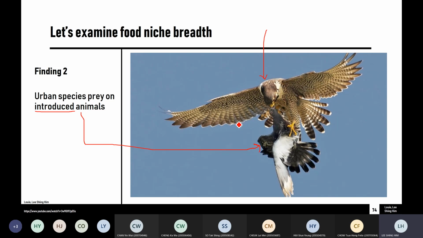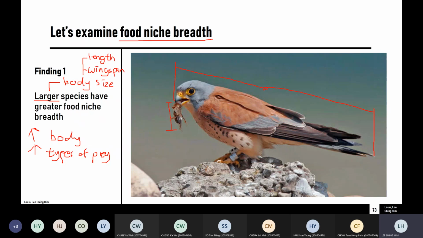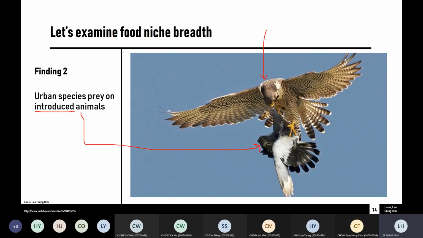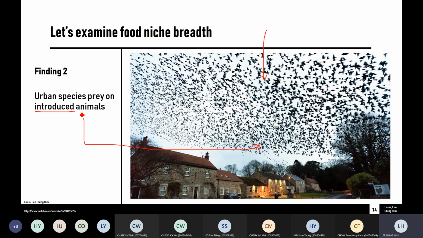So urban species has this ability. But I think this is rather related to this finding. If the species has a larger food niche breadth, it means that it will eat anything it encounters. Introduced animals is just part of the wide food niche breadth.